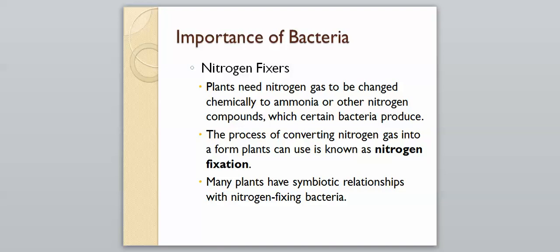The process of converting this nitrogen gas into a form that plants can use is known as nitrogen fixation. Many plants have lived alongside these bacteria, so they have formed symbiotic relationships with nitrogen-fixing bacteria, and that just means a relationship in which both parties benefit. So the plants help out the bacteria and the bacteria help out the plants. It's just a win-win situation for everyone.